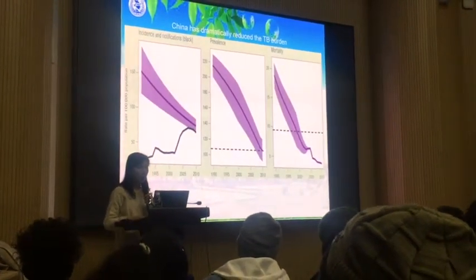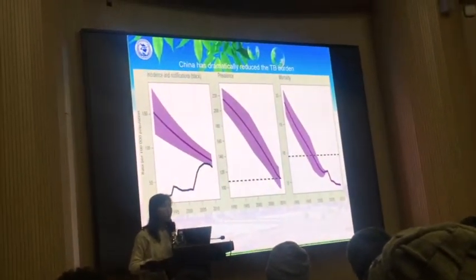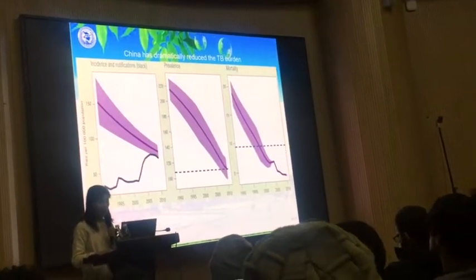So China has dramatically reduced the TB burden in past years.